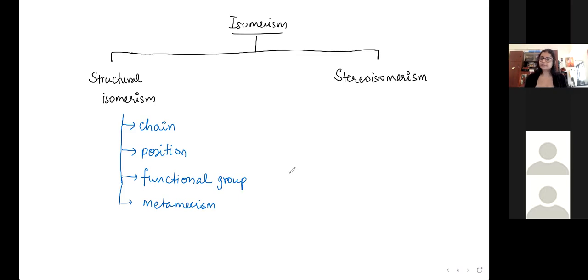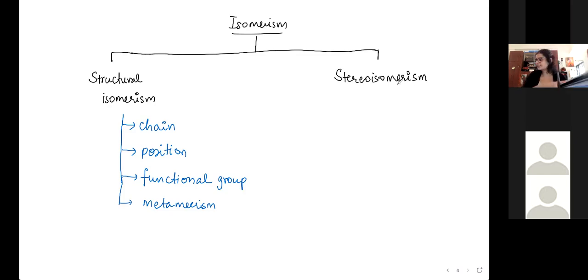Be a little familiar with this word stereo. Stereochemistry deals with spatial arrangement of atoms. Stereoisomerism is where there is a difference in spatial arrangement or orientation, so that's why it's stereoisomerism.